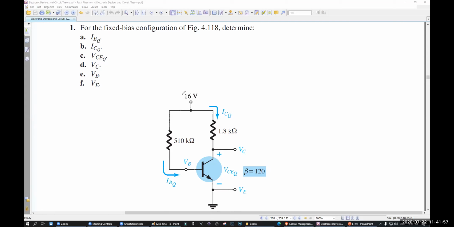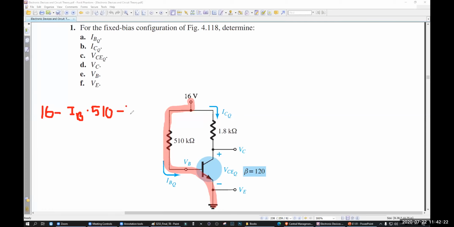At first we are going to use a KVL in this side. That means in this side, right? So what do we need? At first 16 minus, here let's call it IB, IB into 510, right?